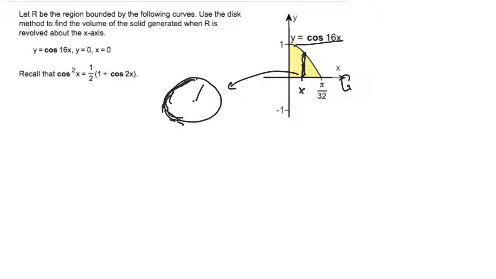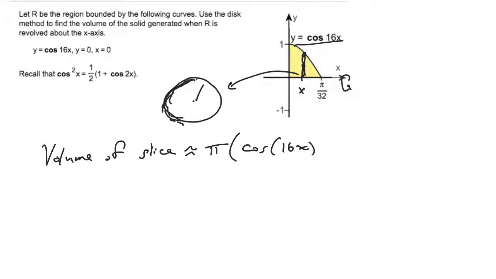So after all of that, the volume of the slice is approximately pi times the radius squared. Here the radius is given by cosine 16x, times the thickness. And so the volume of the whole solid in the limit is going to be the integral from 0 to pi over 32. I'm just reading this off the graph.